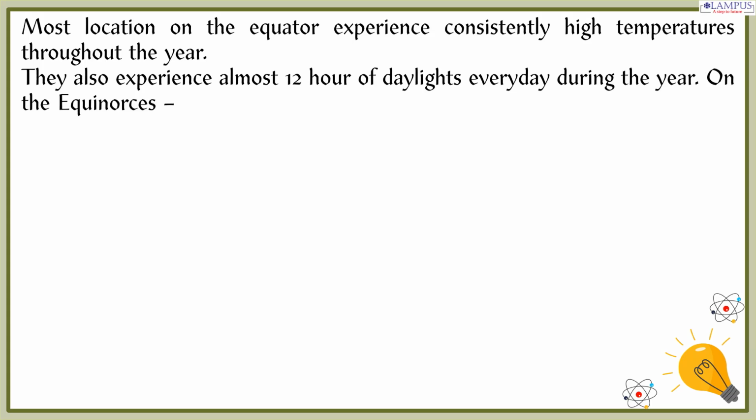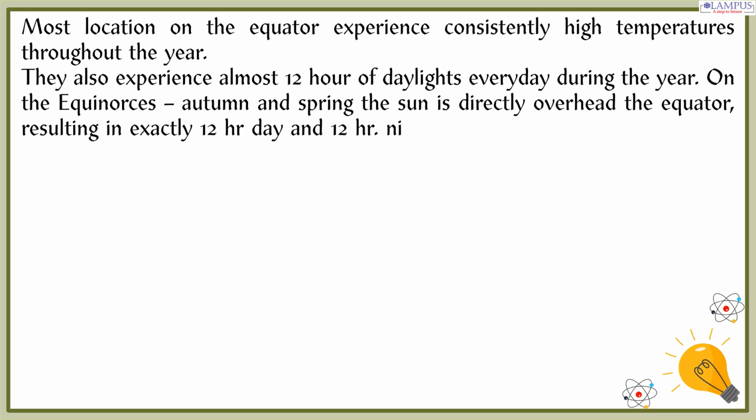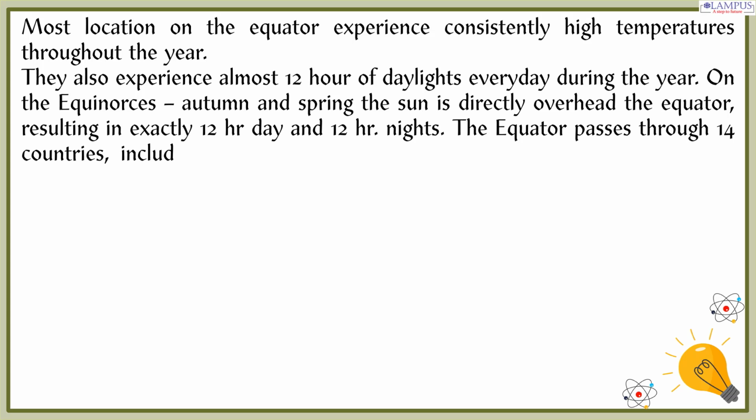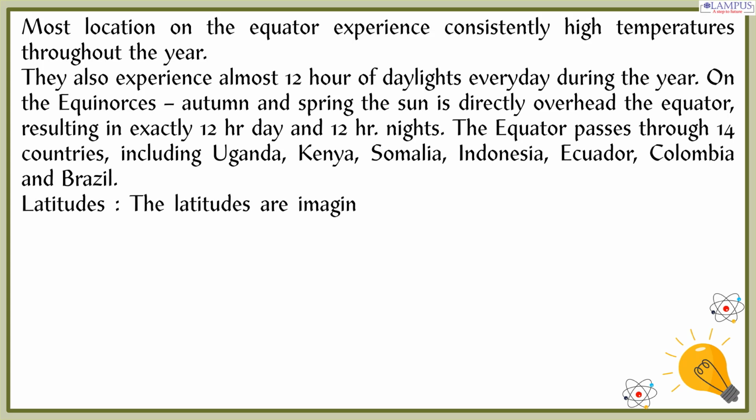On the equinoxes, autumn and spring, the Sun is directly overhead at the equator, resulting in exactly 12 hours of day and 12 hours of night. The equator passes through 14 countries, including Uganda, Kenya, Somalia, Indonesia, Ecuador, Colombia and Brazil.